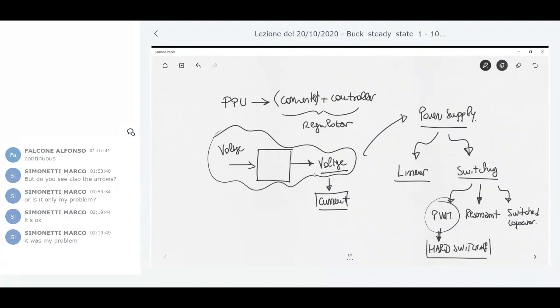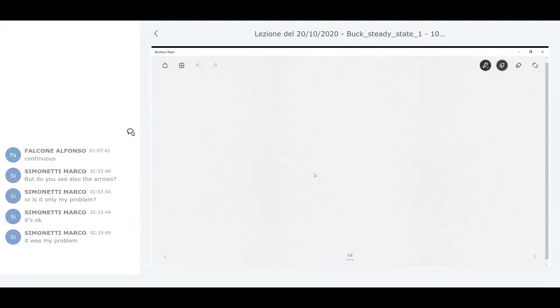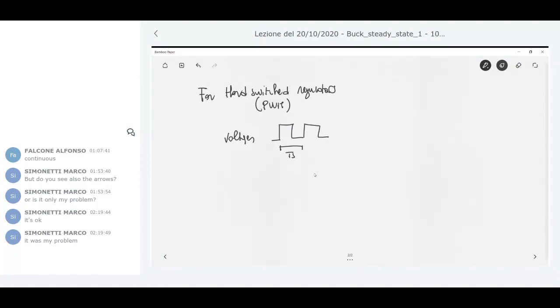So voltages in hard switched regulators, or pulse width modulated regulators, typically have this waveform. Voltages are square waves. They are periodic. Remember that we need a periodic operation of switched mode regulators.